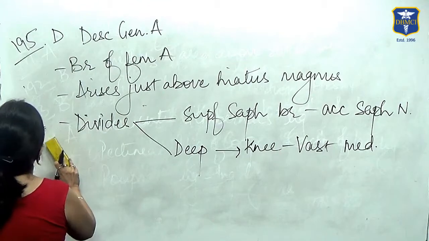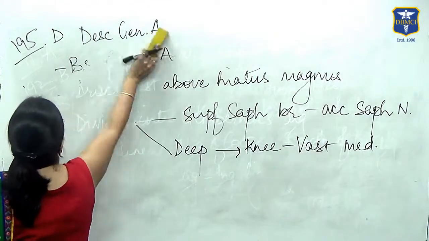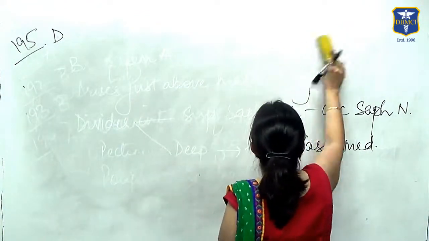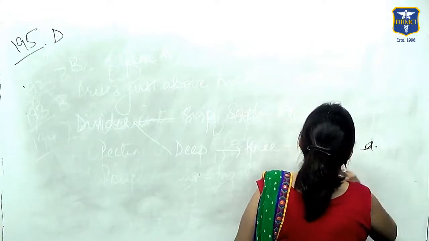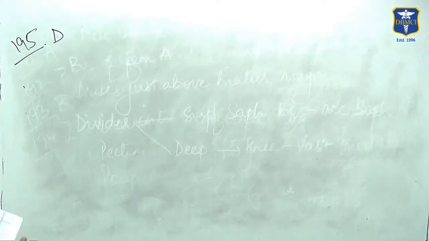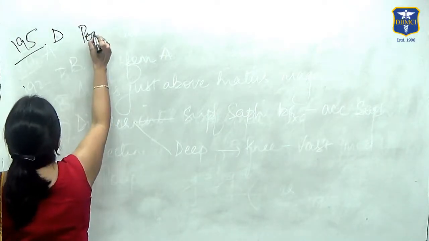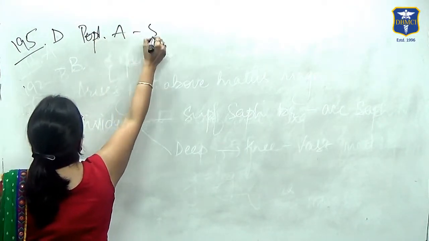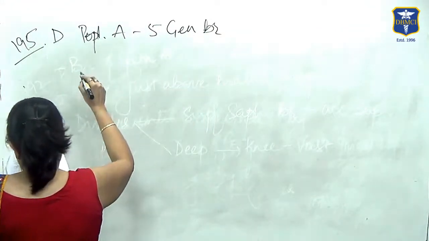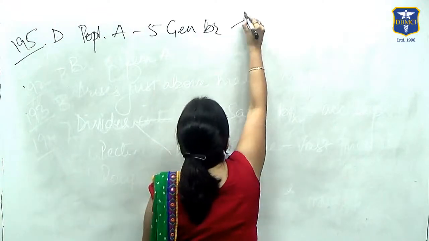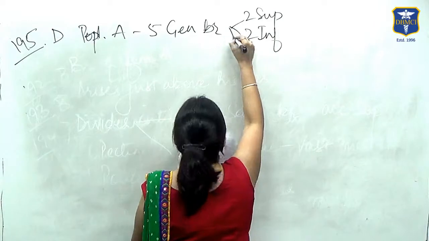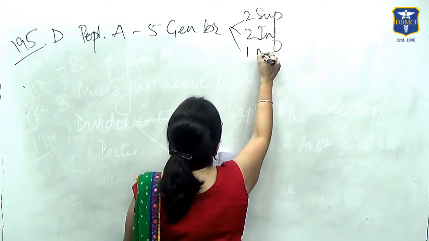The popliteal artery is a continuation of the femoral artery and it gives 5 genicular branches. Two superior, 2 inferior, and 1 middle.